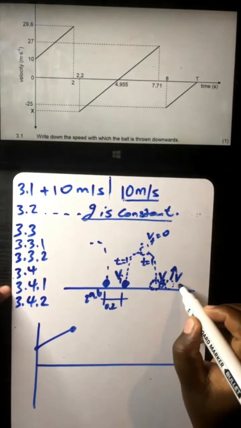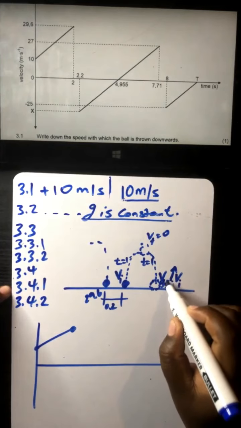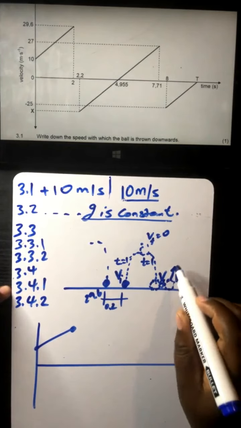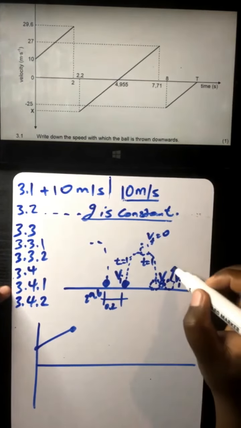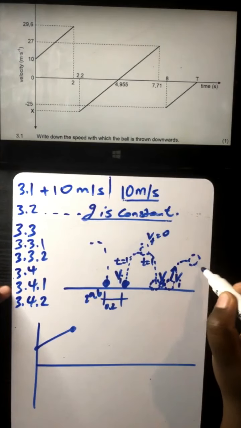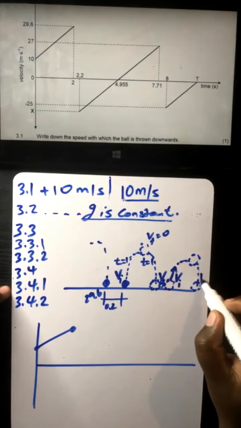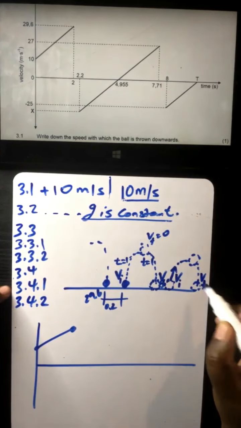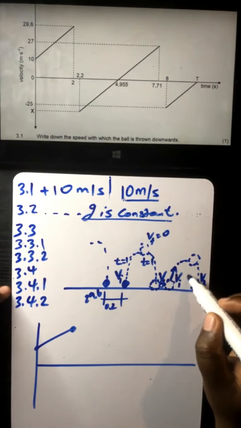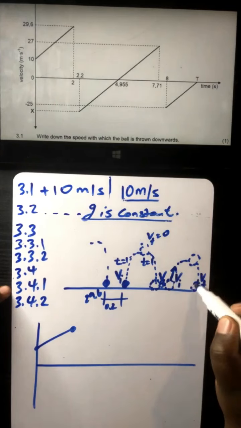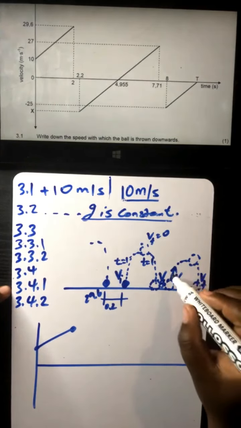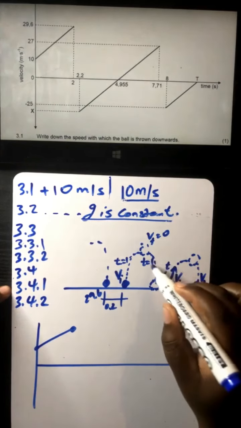Then it reaches its maximum height and strikes the ground again, and we refer to this as V final, whereby this V initial is the same as that V initial.